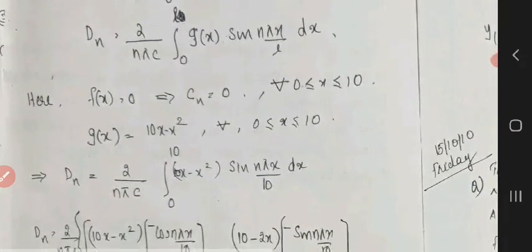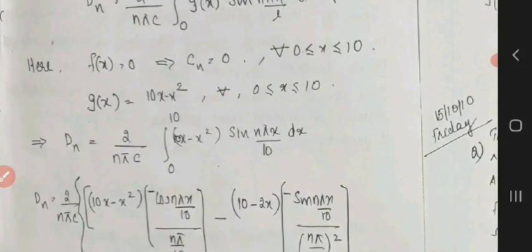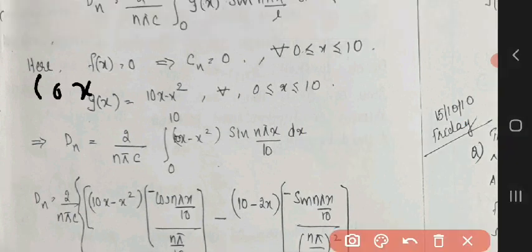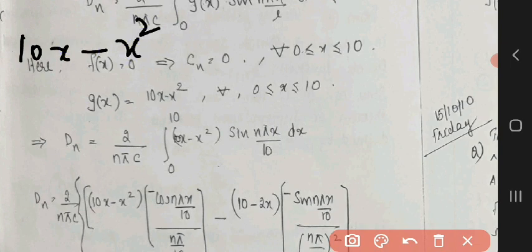Since g of x is equal to 10x minus x square, you should write Dn equal to 2 by n pi c, integral of 10x minus x square times sin n pi x by 10 dx. I told you the generalized integration rule you should write. First you should write 10x minus x square, then its derivative 10 minus 2x, then again its derivative minus 2.